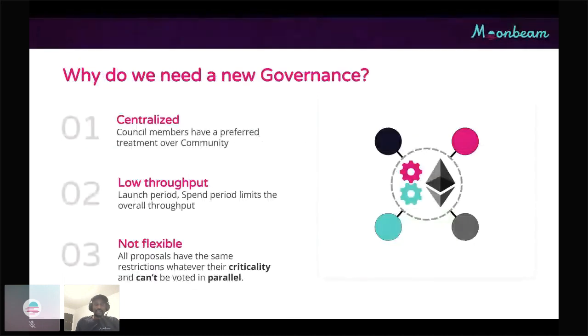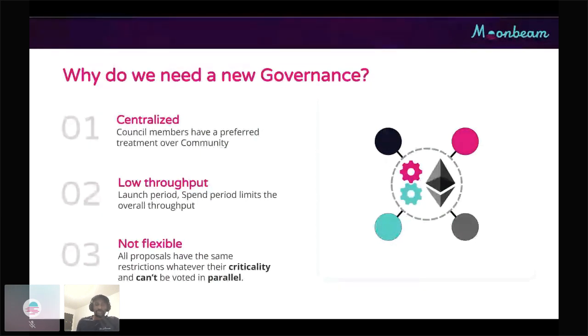But basically what we can see is that this process is a bit centralized, especially around the council part, where they have a preferred treatment over the community, namely around the Treasury spending, but also in the way that they can propose a fast tracking motion. There is also a low throughput. Either on the democracy part or on the Treasury spending part, there are 2 timers, the launch period and the spend period, that limit the overall throughput.